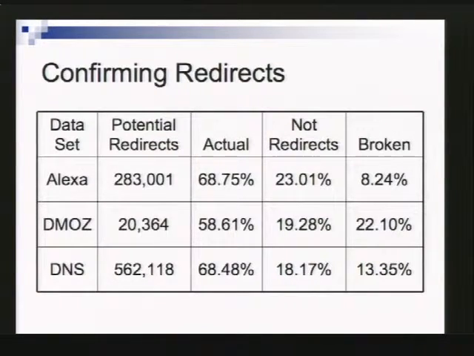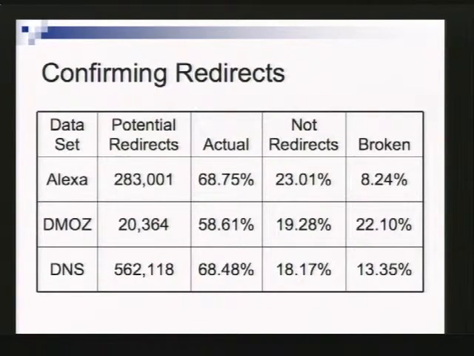So how many do we have? 850,000 or so links that contain dynamic and simple redirects. We haven't traversed them yet. All we think, using our heuristics, is that these should contain redirects. And then we actually traversed them through a library and verified whether the destination contained in the link was the same as the destination in the location bar after we visited, right?